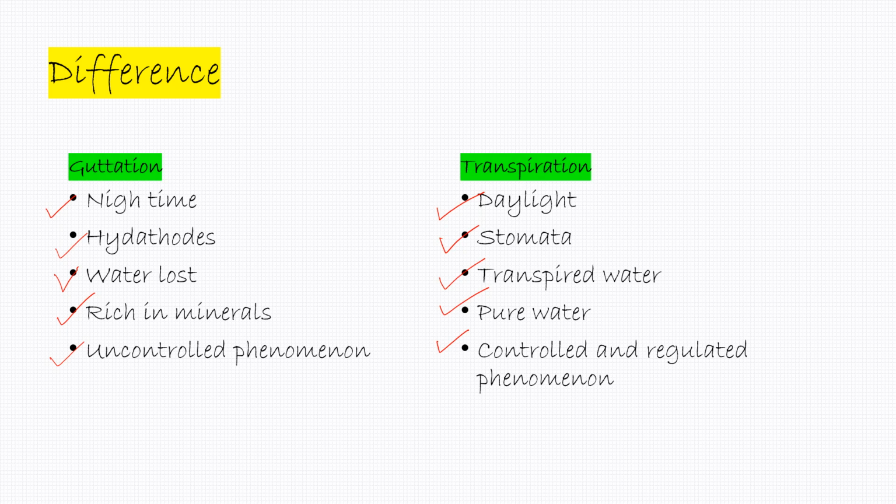Some of you confuse guttation with dew, and some of you think guttation is dew. No, students, guttation and dew are both different, just like transpiration. Guttation is not dew. In case you wondered, dew is pure condensed water on the surface of leaves, and guttation only occurs because transpiration is absent there.